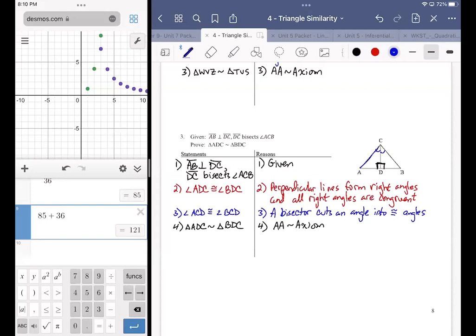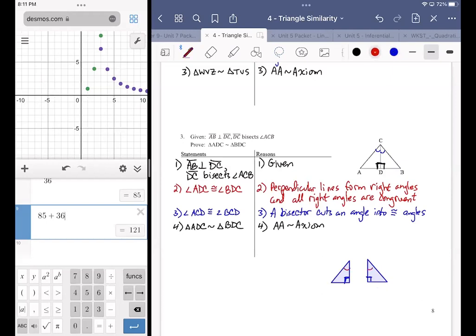So if I look at this triangle here, and then its counterpart over here, we know that we have congruent angles and a couple of congruent sides.